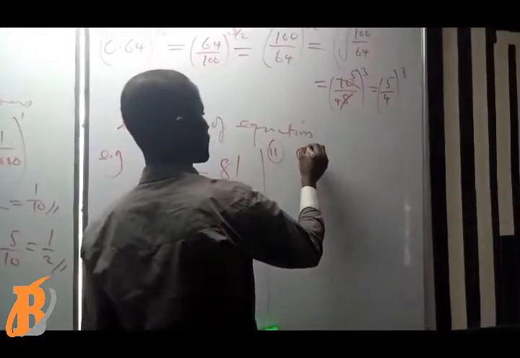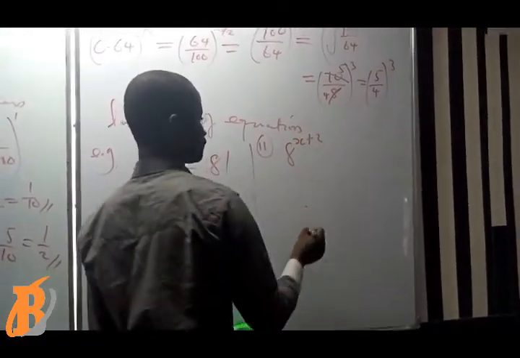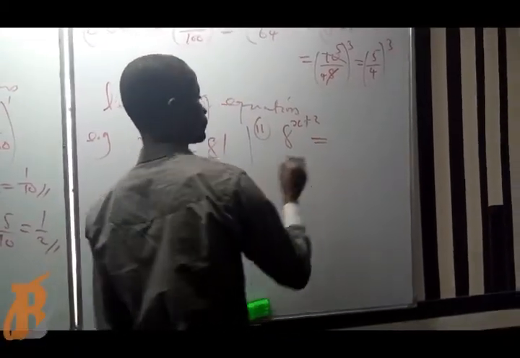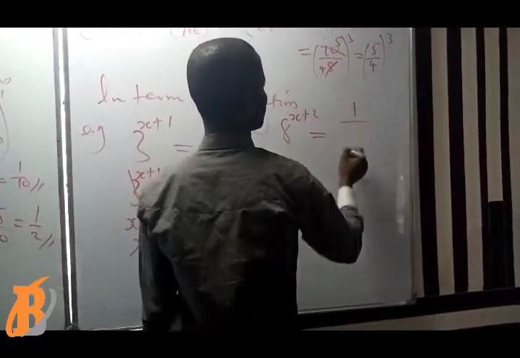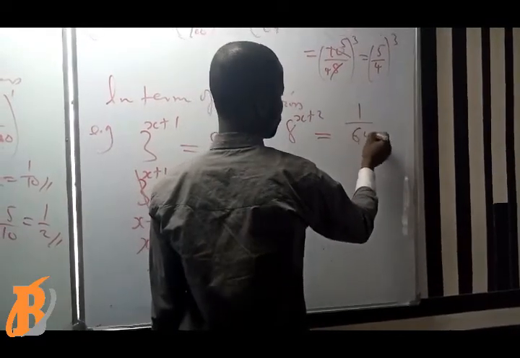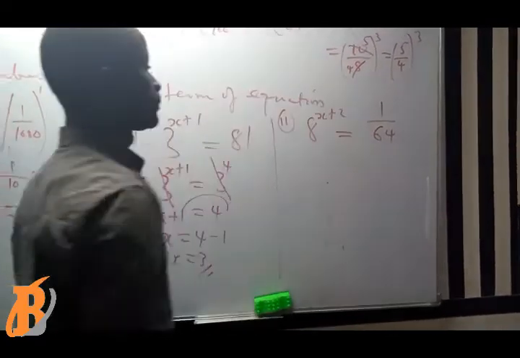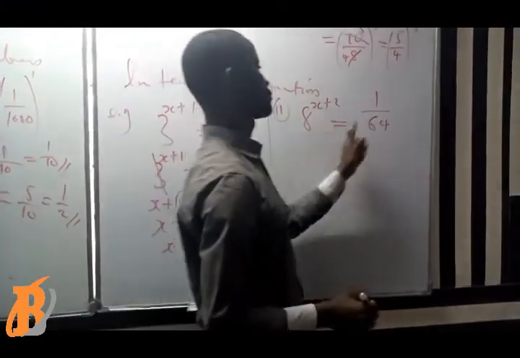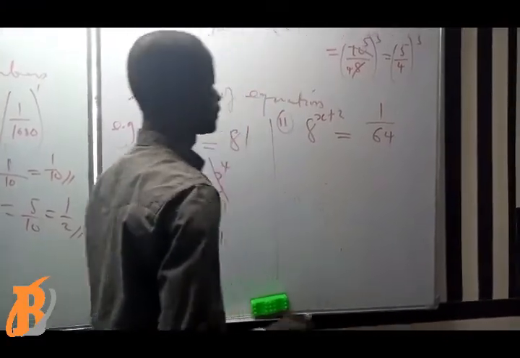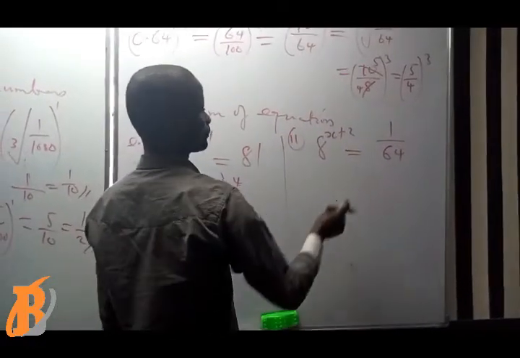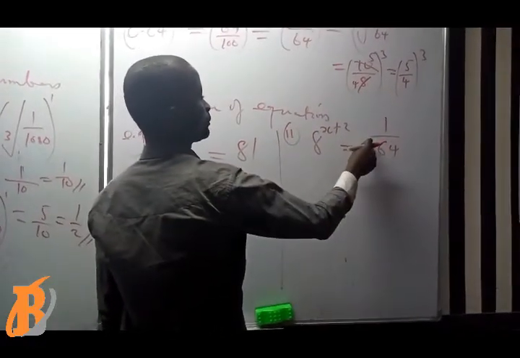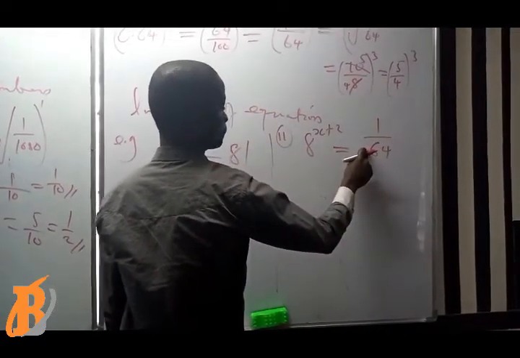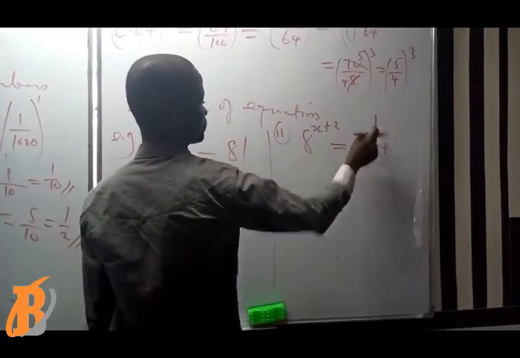8 raised to power x plus 2 equal to 1 over 64. You have 8 raised to power x plus 2 is equal to 1 over 64. The first step, apply the second law to change this fraction.